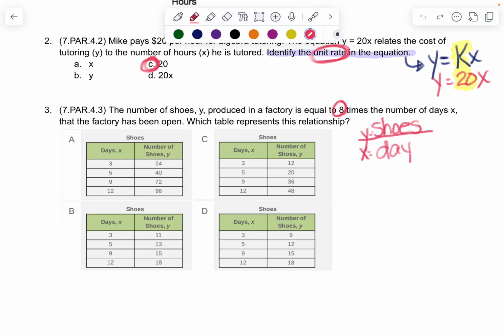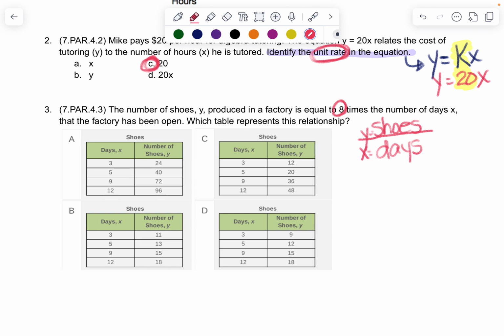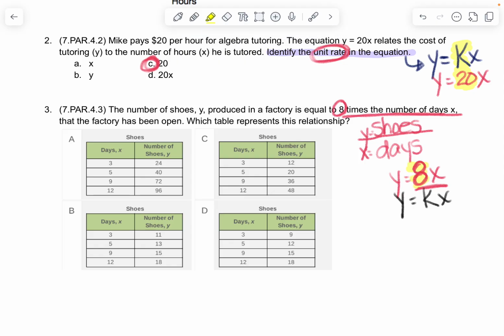And if I take that and write it in my equation, Y equals 8X. It's telling me that it's 8 times the number of days X. So that tells me my equation. The equation now tells me that Y equals KX. So 8 right here is K. K is 8.